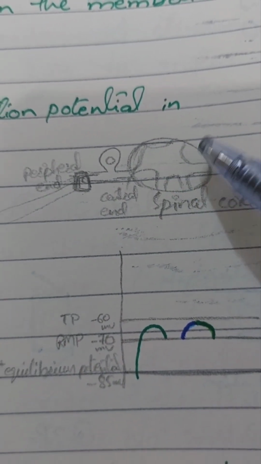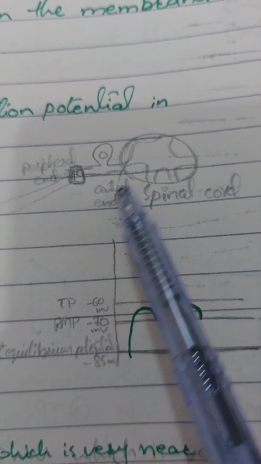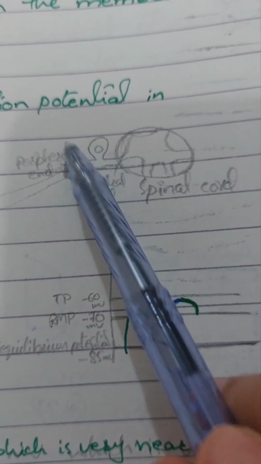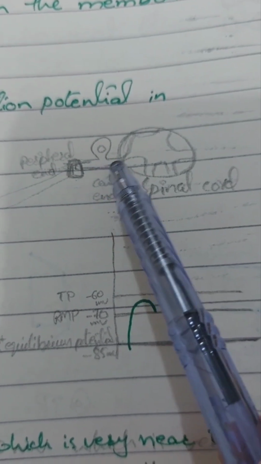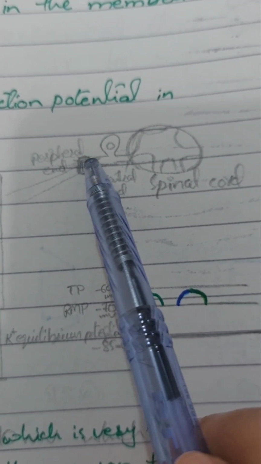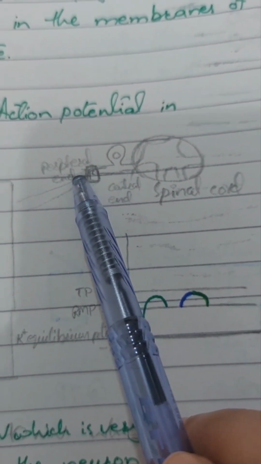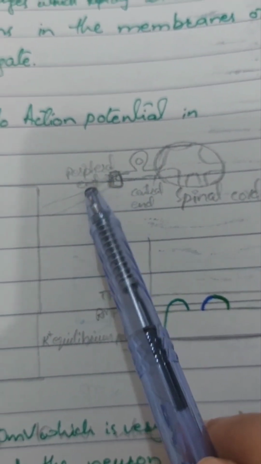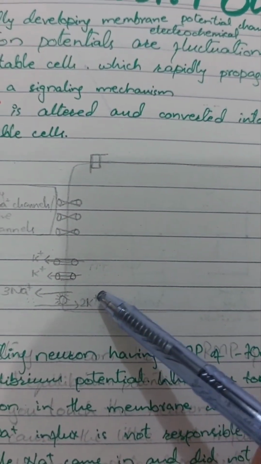For example, there is a cross section of the central spinal cord. There is a central process of the sensory neuron. This is a central process which is connected with the spinal cord, and the peripheral process, which is here I've shown.